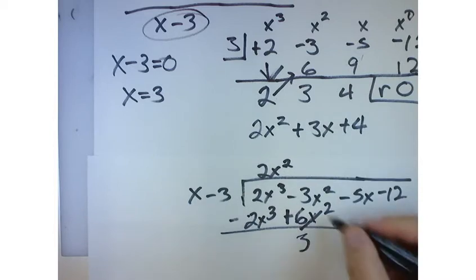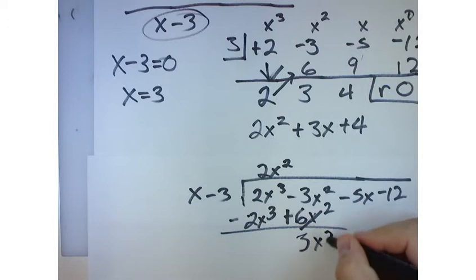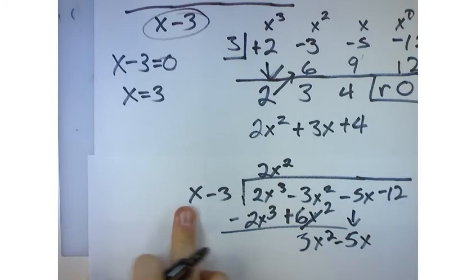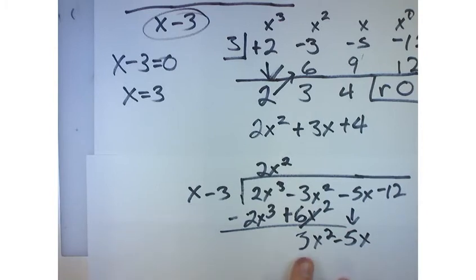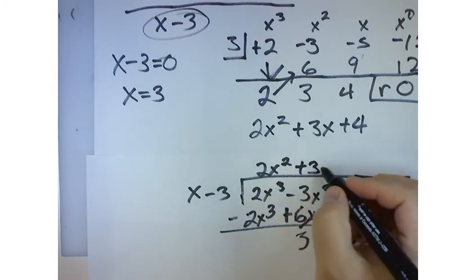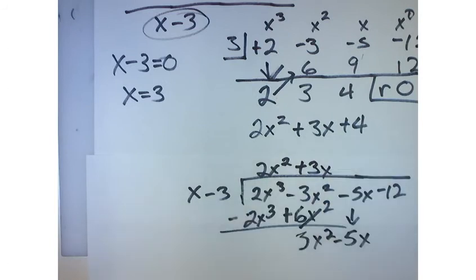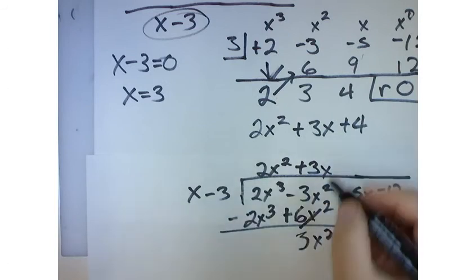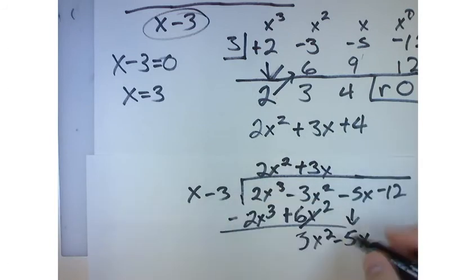So now what do I multiply this by to get this? Well, this becomes 3x squared, and then I drop down my 5x. And so what do I multiply x by to get 3x squared? 3x. So I add 3x. When I multiply that through, I get 3x times negative 3, which is negative 9x, and then I get 3x squared.